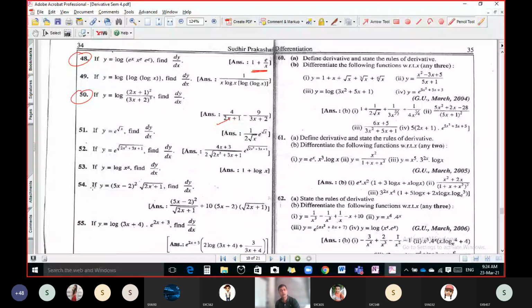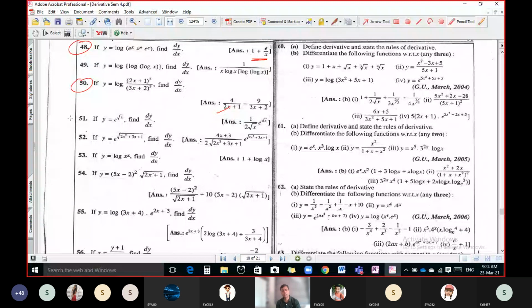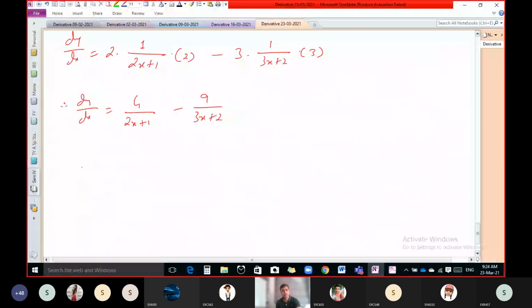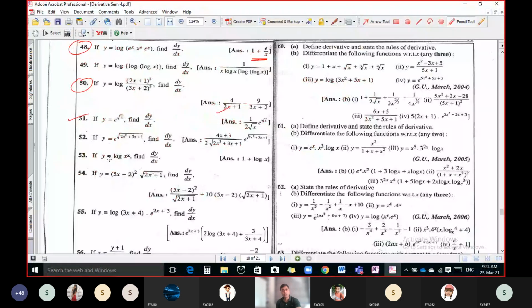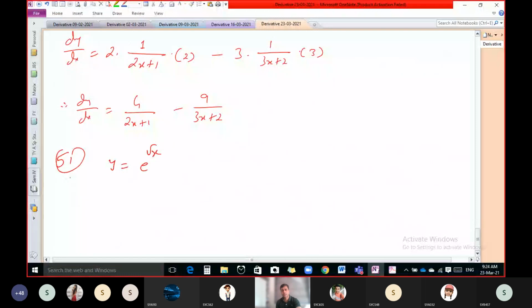Okay, now let us do this question 51. Y equal to e raised to root x. So first of all, this root x you can consider as u. So y becomes e raised to u.